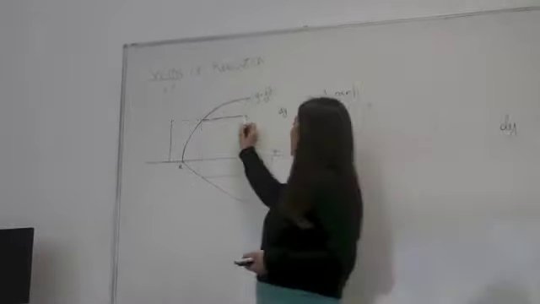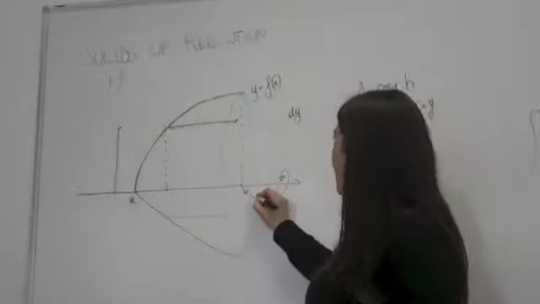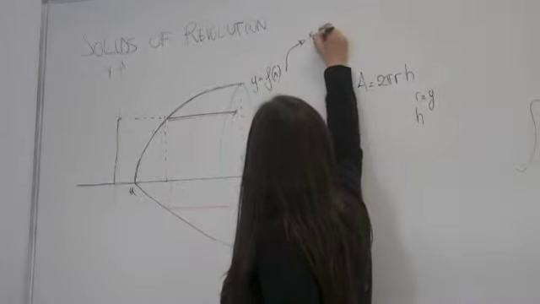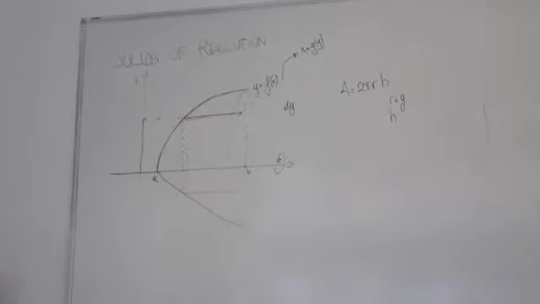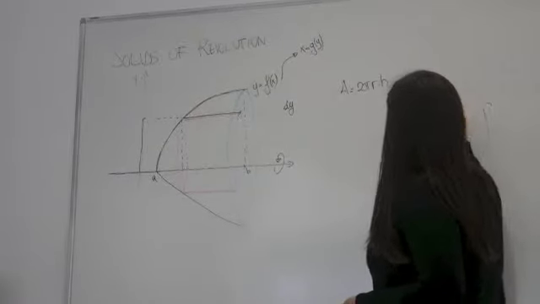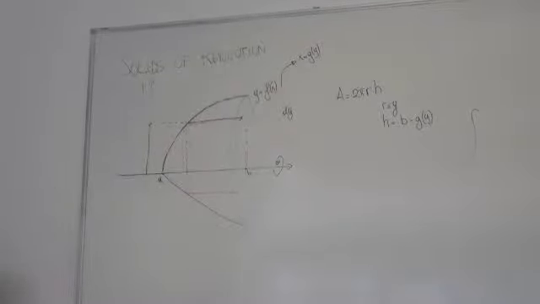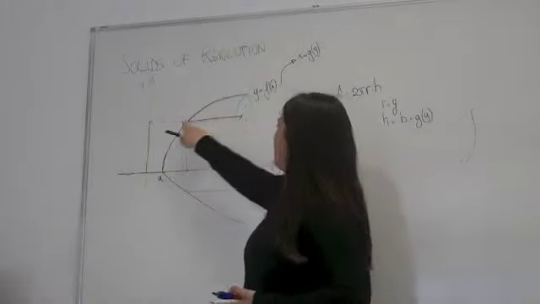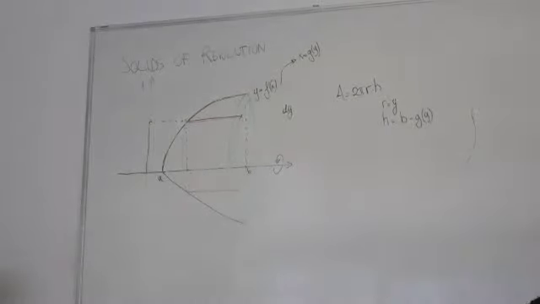We need to express this in terms of y, so we can write it as b minus g of y. Is that clear? You guys know that it's b minus that, but because it's dy, we need everything in terms of y.